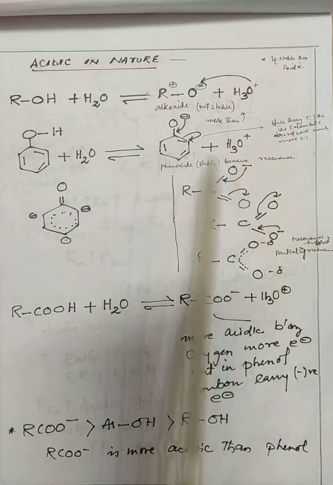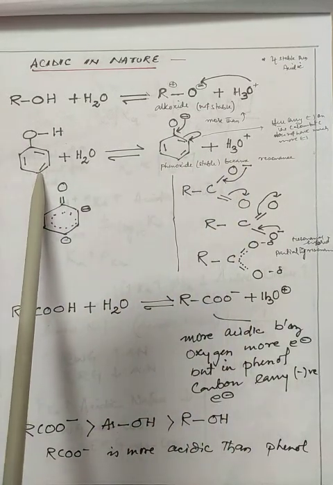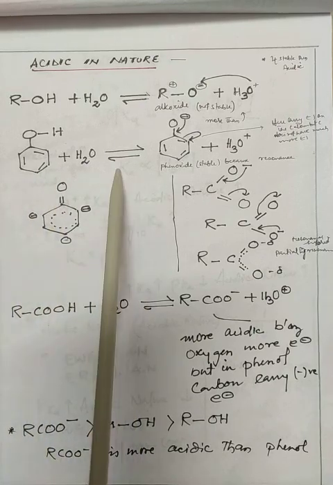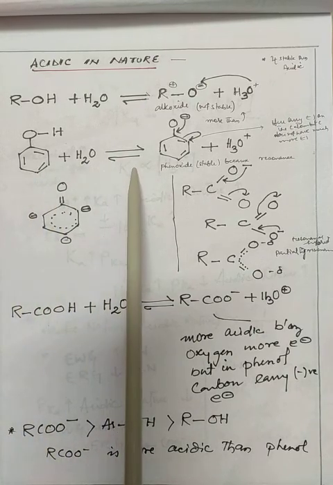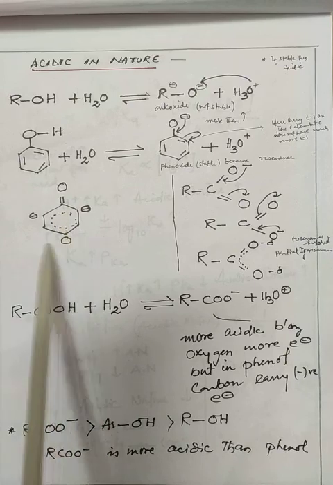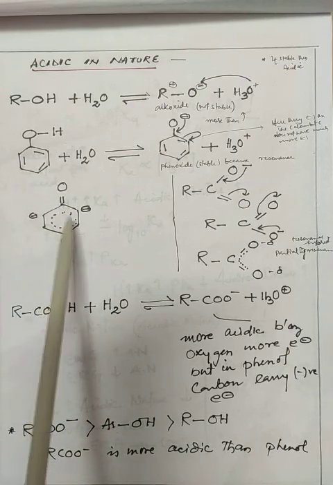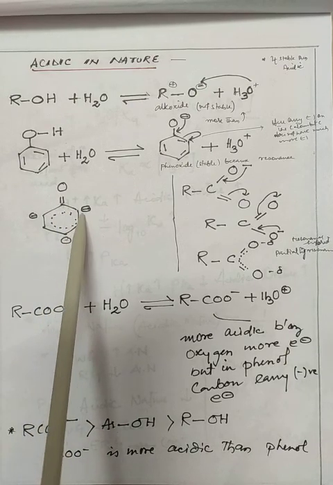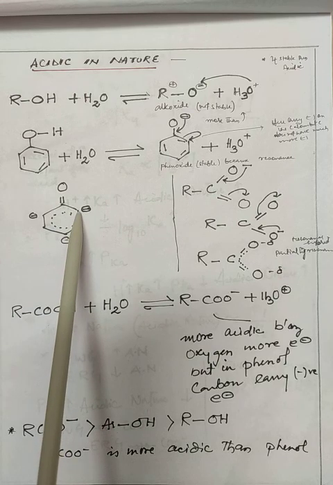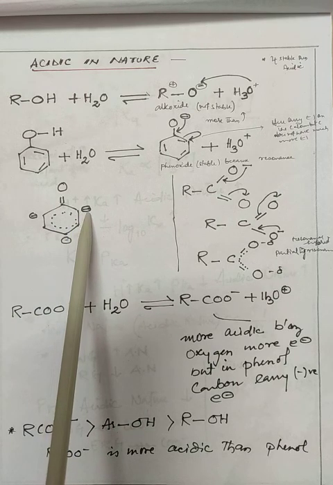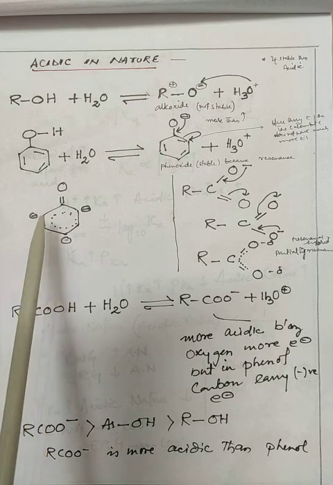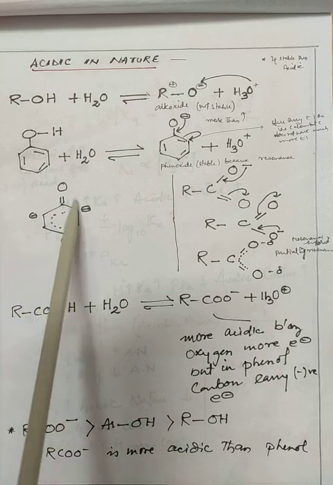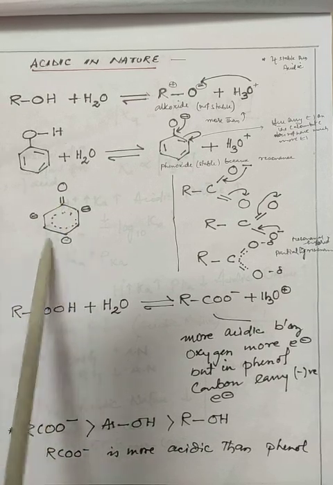When we use phenol, this reaction is reversible. When we draw the resonating structures, here carbon carries a negative charge, then here a negative charge, then here a negative charge. So this is a resonance hybrid.